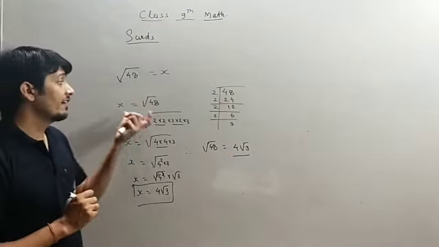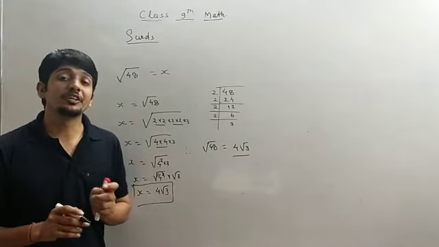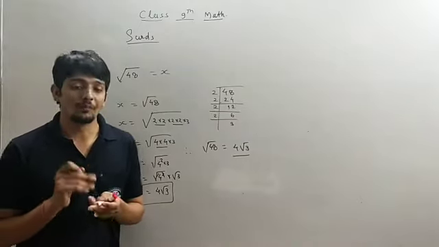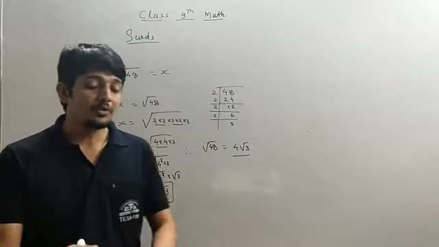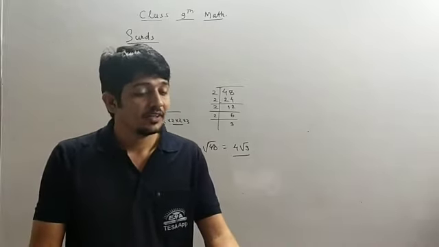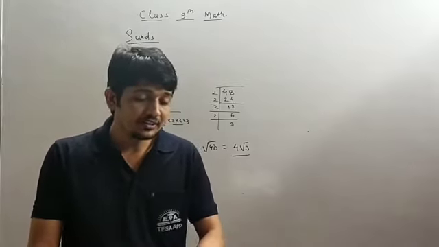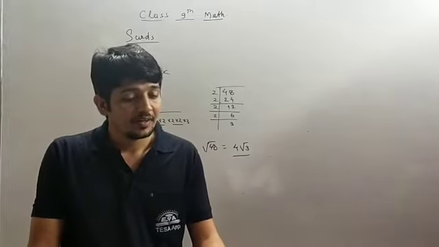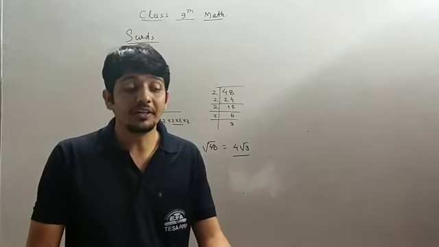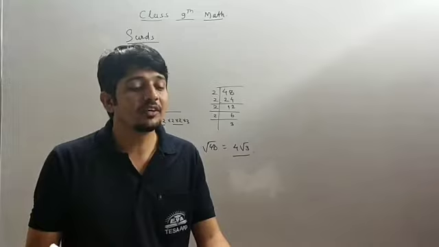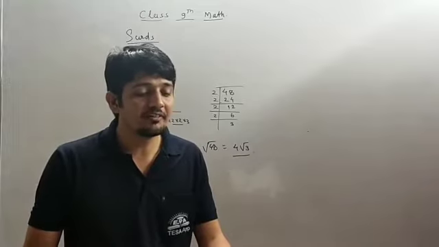Okay, so likewise you have to convert the given surd into its simpler form. Now you have the homework. In your exercise practice set 2.3, the first question, write the order of the surds given below.